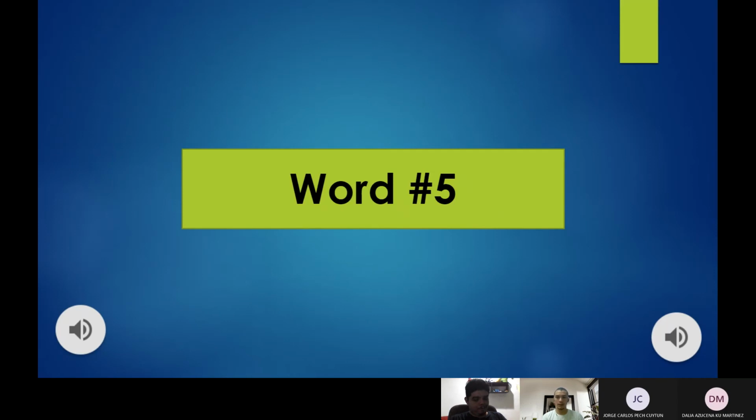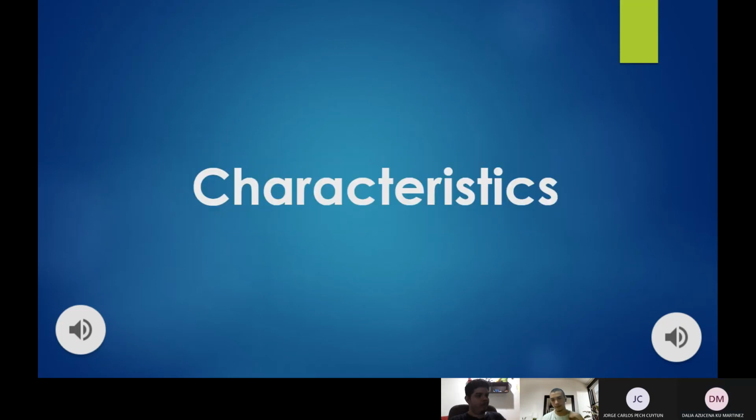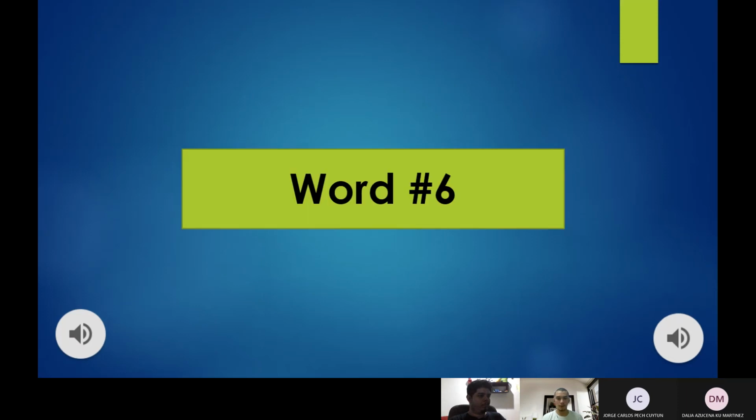Dalia will tell us word number five. Characteristics. Characteristics. CHARACTERISTICS. Okay, it is correct. Then the final word is for Jorge.